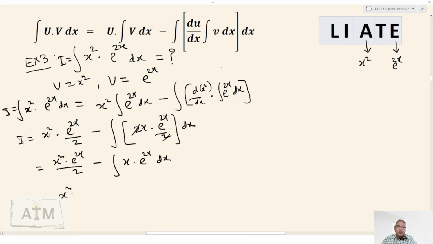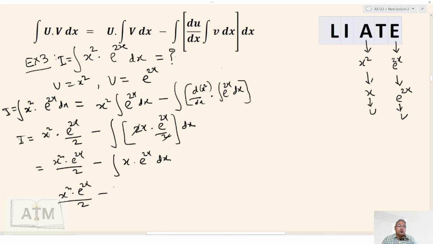So x square e raised to 2x upon 2 as it is, here we will apply the product rule. x comes under algebra, and e raised to 2x comes under exponential function. Therefore the u here is x and v is e raised to 2x. Here again we apply the product rule.